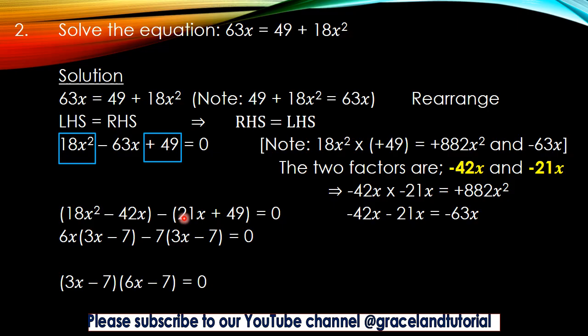Minus, what is common to 21 and then 49? The number that can divide both is 7. So you have minus 7 outside the bracket. 7 in 21x is 3x. 7 in 21x is 3x.